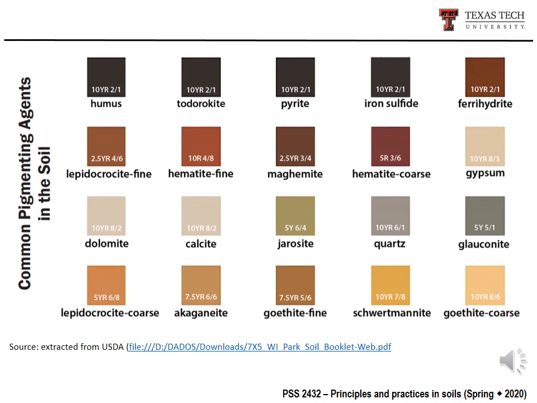You can see the calcite effect on soil color, and also on this chart you can see the effect of particle size. And if you compare, for example, fine hematite and coarse hematite, the color is different, right?